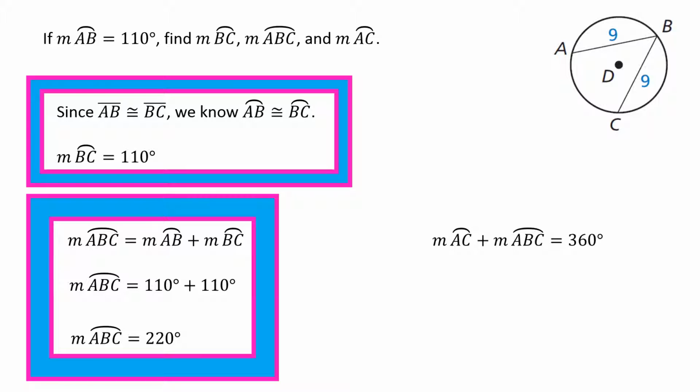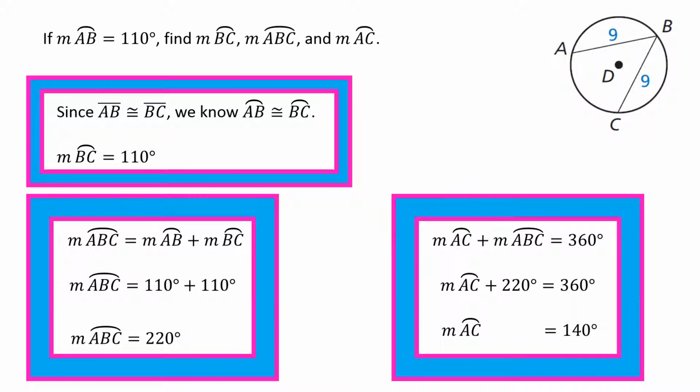Well, I know the entire circle is 360 degrees. So I know the measure of arc AC plus the measure of arc ABC has to be 360 degrees. I just figured out the measure of arc ABC is 220 degrees. So just a little bit of arithmetic and I can figure out, hey, 140 degrees will be the measurement of arc AC.